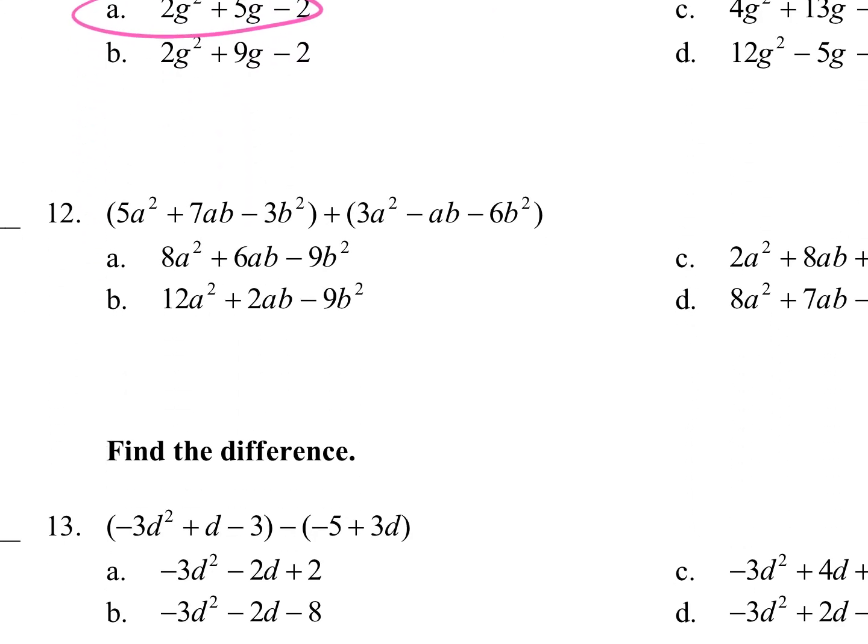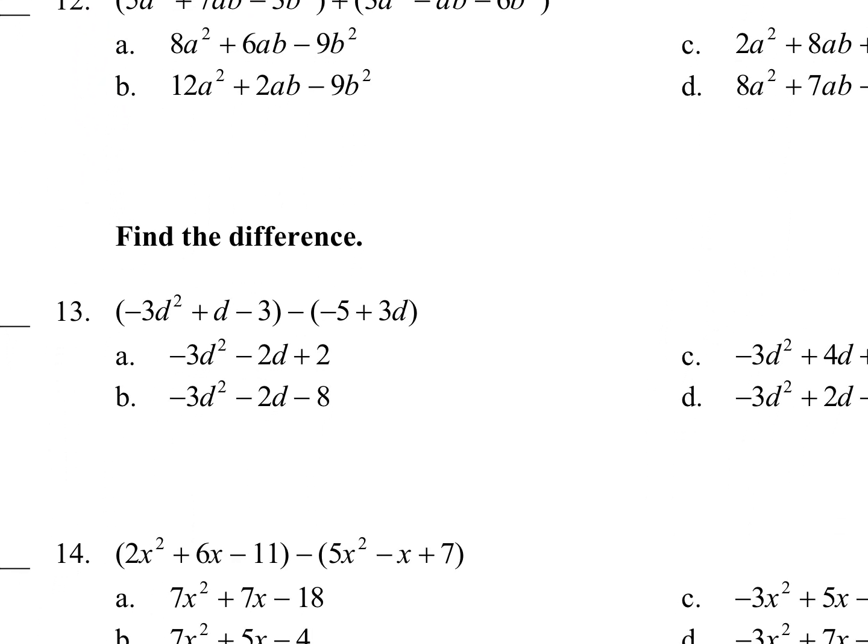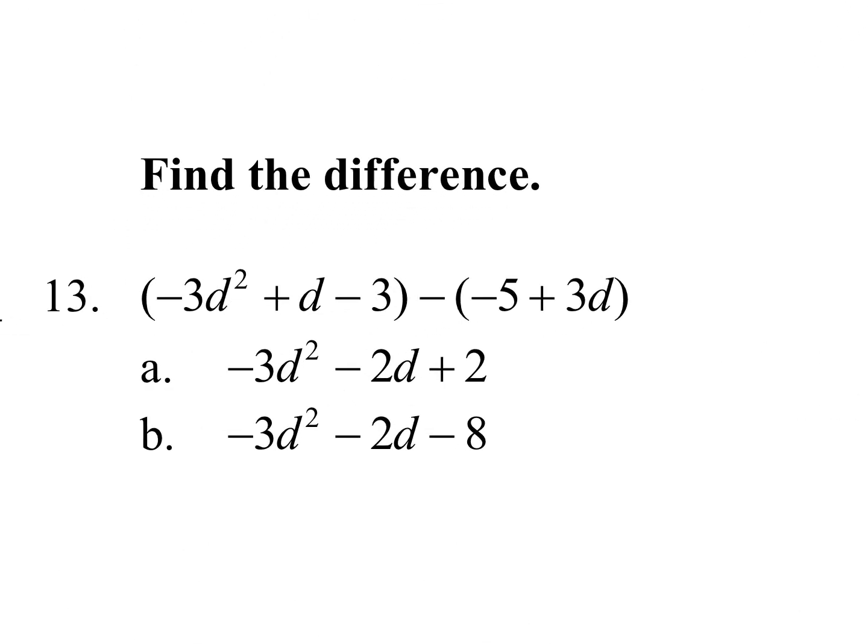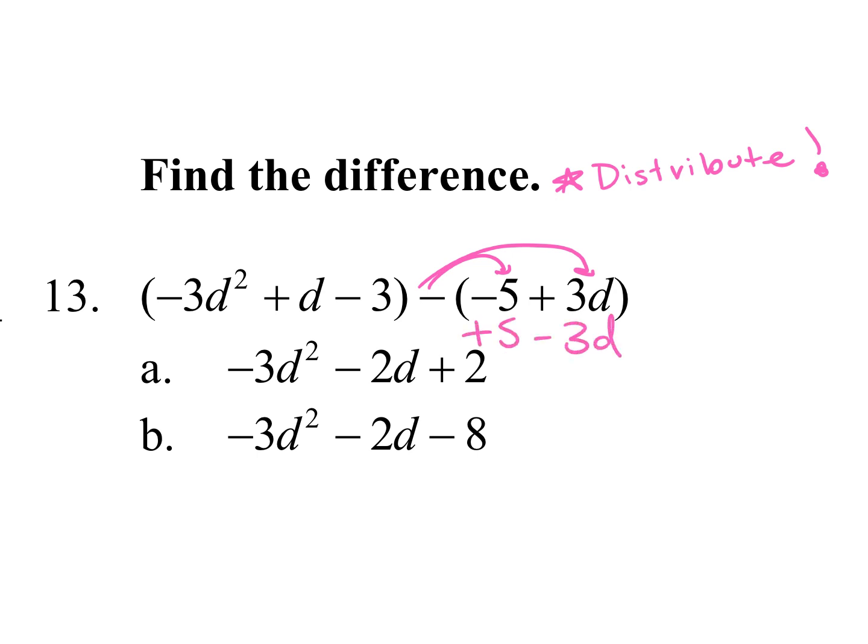12 is the same, just add your like terms. Let's look at 13. Perfect. We always want to distribute the negative when we subtract. So it gets distributed to everything behind it. So this now turns into a plus 5 and minus 3d.